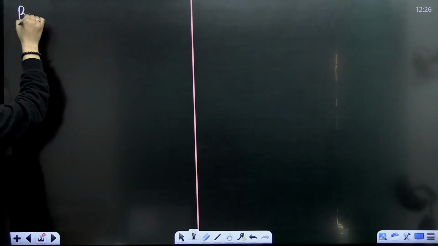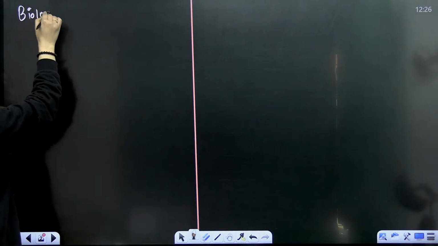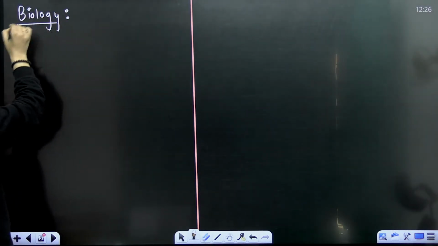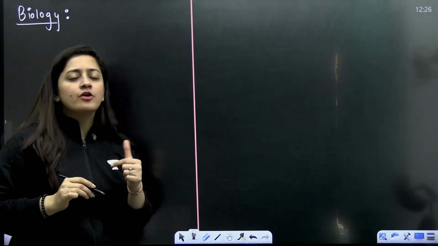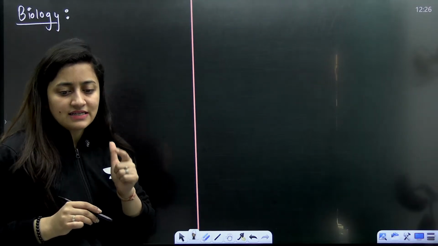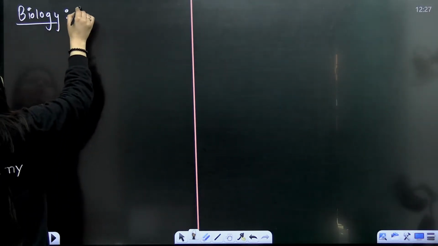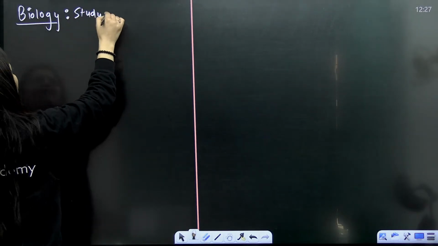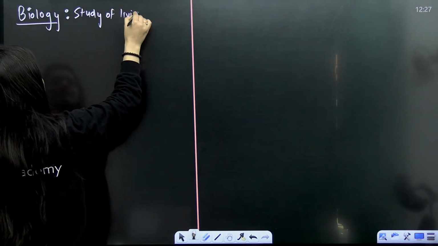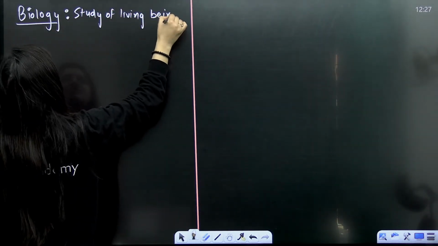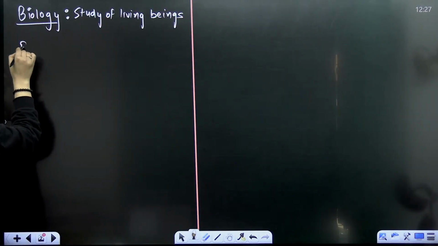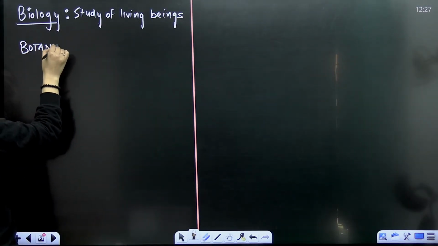Now, when you talk about biology, we know what biology is. Logy means study. Bio means life. So basically, it is the study of living organisms. Am I right? Biology is the study of living beings. Now, I have used two words here: botany and zoology.